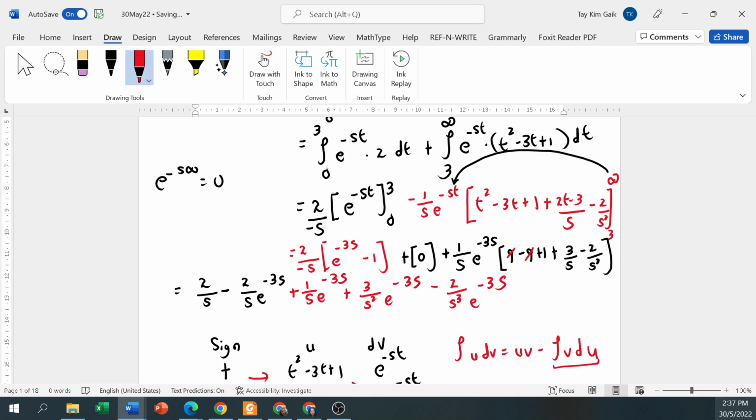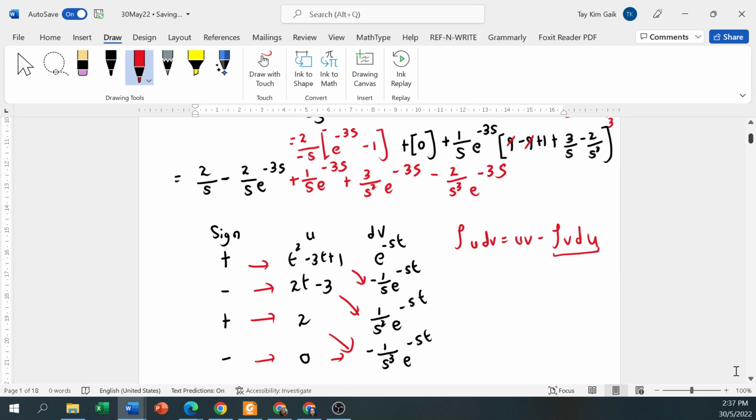So a bit messy. This one you can write on another piece of paper. So this two terms you simplify: negative 2 over s exponent negative 3s plus 1 over s exponent negative 3s.